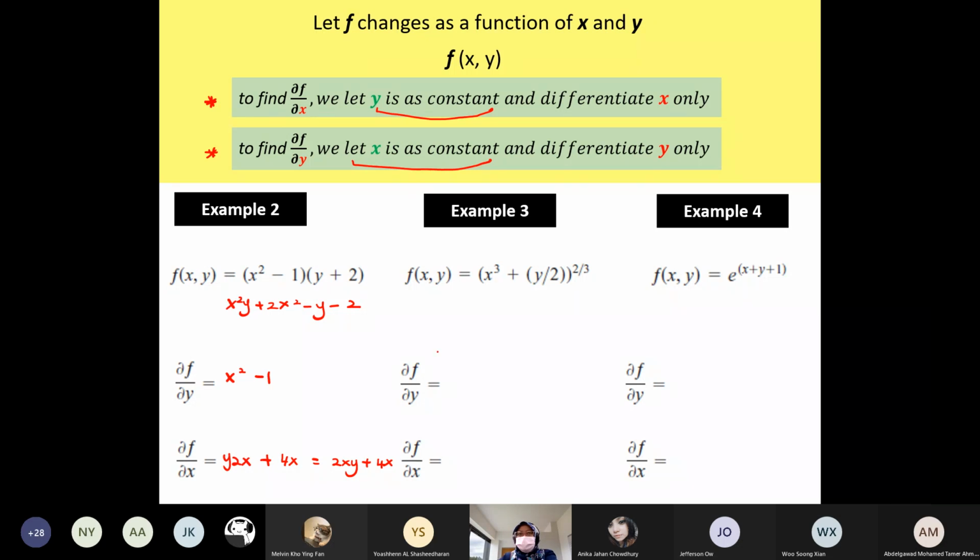Okay, so let's look at example 3. (x cubed plus y over 2) to the power of 2 over 3. How to differentiate with respect to y? You have 2 over 3, write down everything inside the bracket, to the power of 2 over 3 minus 1.